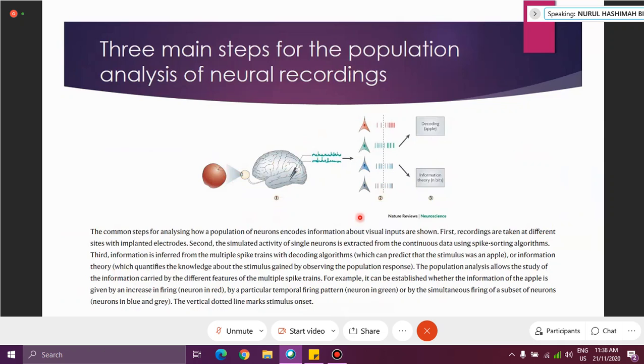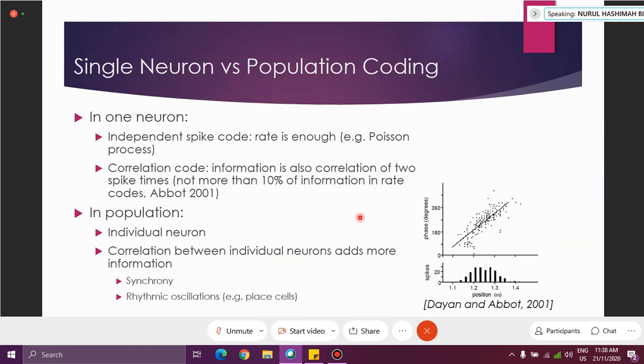Okay, so this is important for you. This is very important: single neuron versus population coding. In one neuron, for an independent spike code, rate coding is enough, for example using a Poisson process. And for a correlation code, the information is also in the correlation of two spikes, though not more than 10% of information is in such codes.